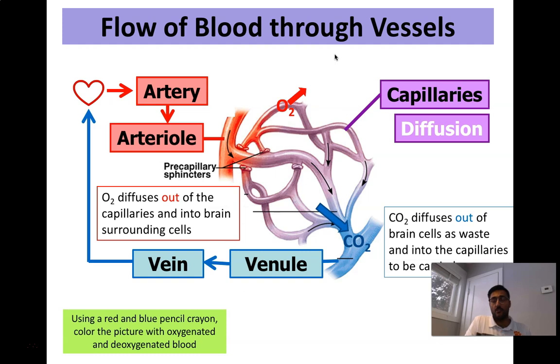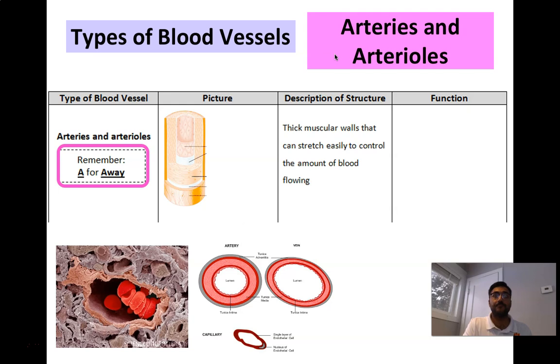So CO2 leaves the cells and enters the veins to get taken away. Oxygen enters the cells from the vessels into the tissues to help those cells, tissues, and organs do their regular life processes. So, quick breakdown here.